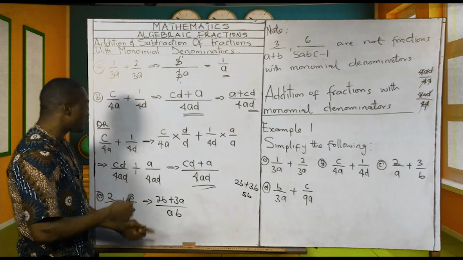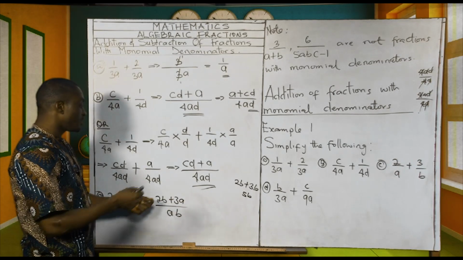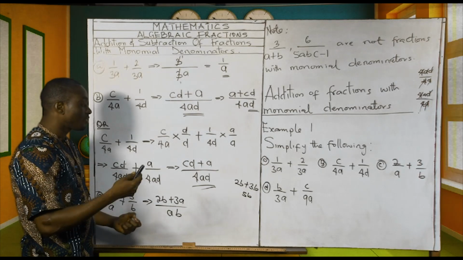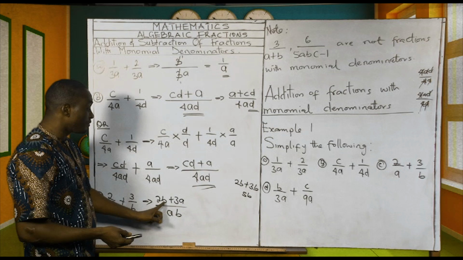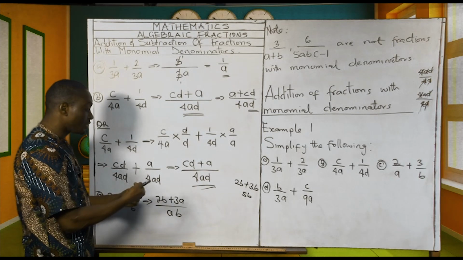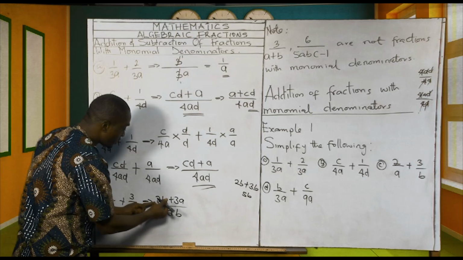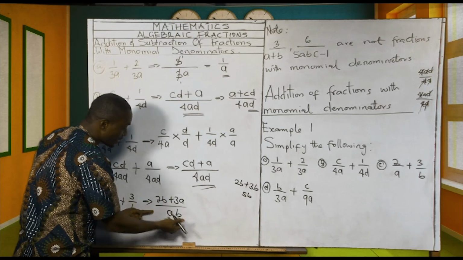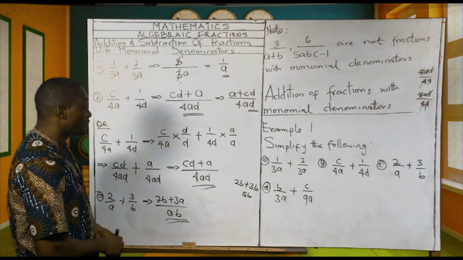And if it were to be 2A plus 3A, the sum will give us 5A. But because they have different variables, different letters, the sum cannot be found. We leave it like that as 2B plus 3A over AB, and this will be our answer for that.